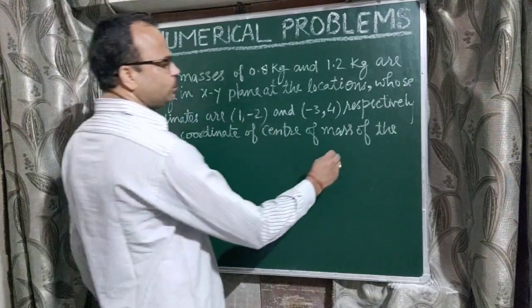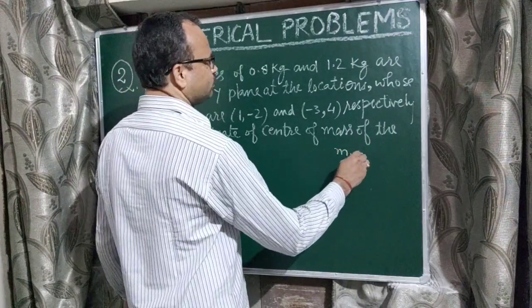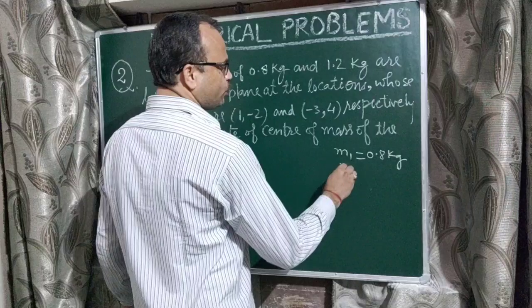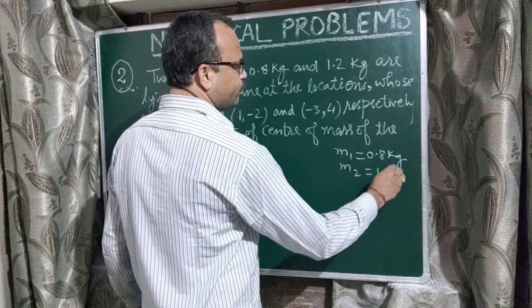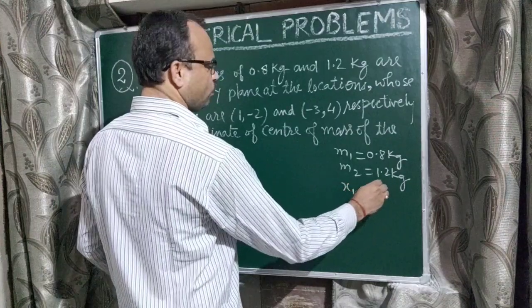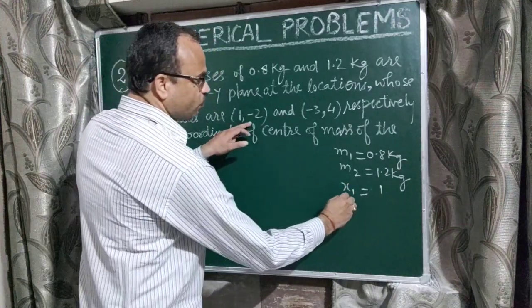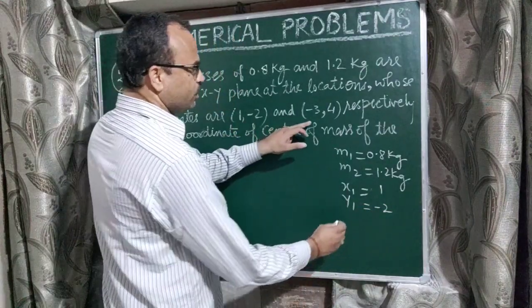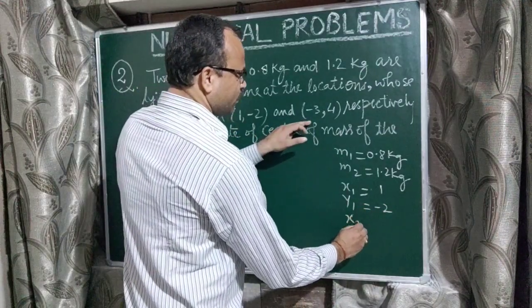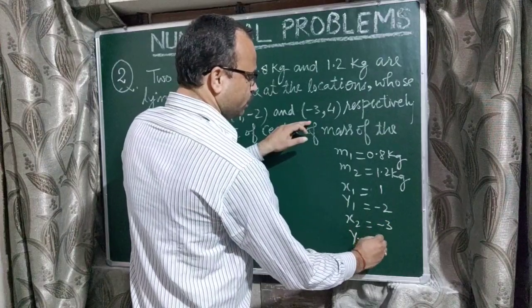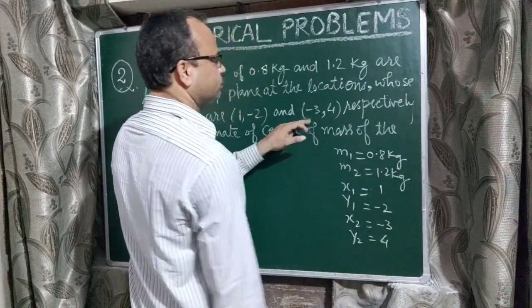So first we note the given values: m1 equals 0.8 kg, m2 equals 1.2 kg, x1 equals 1 and y1 equals -2. Now here x2 equals -3 and y2 equals 4.